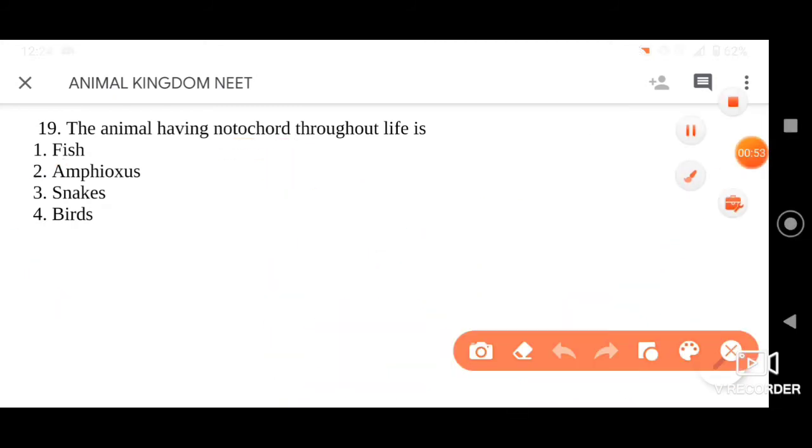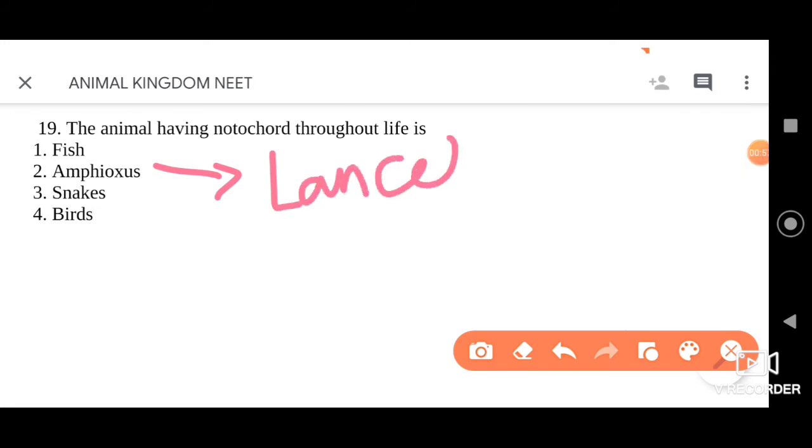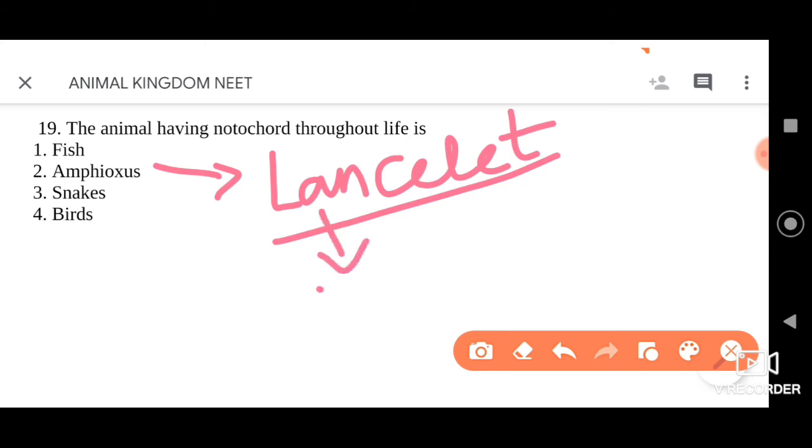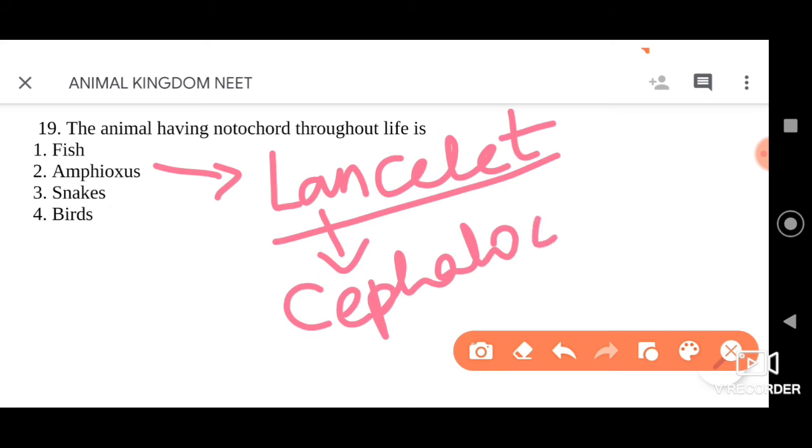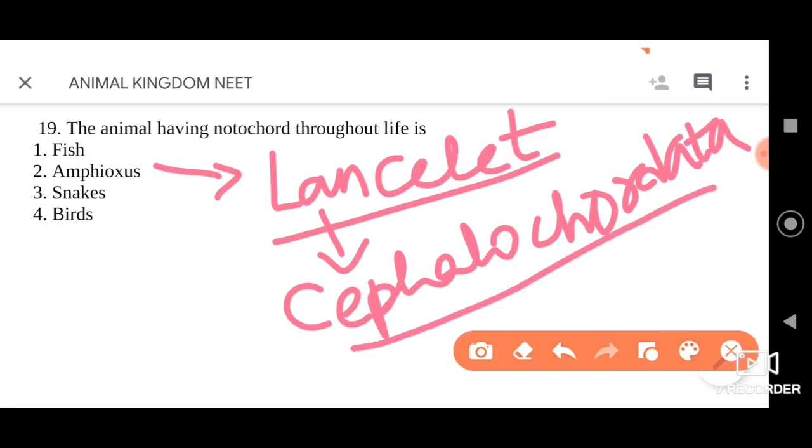See, Amphioxus is also called lancelet. And here let me tell you, this is a member of the subphylum called Cephalochordata. In the previous classes I have told you about the classification of Chordata.